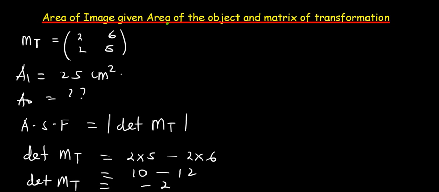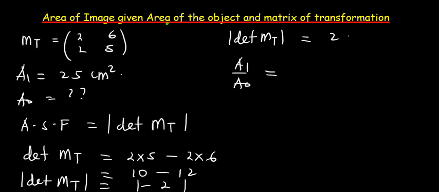Don't forget that our interest is not to find the determinant of the matrix of transformation. Our interest is to find the absolute value of the determinant, and the absolute value of -2 is 2, meaning that A1 out of A0 is equal to 2.